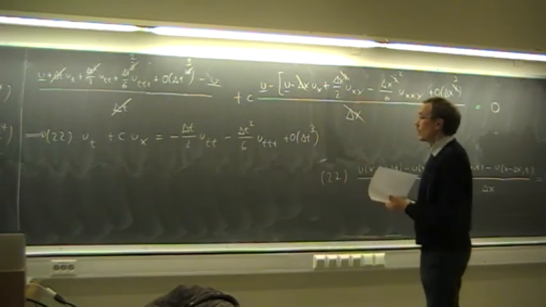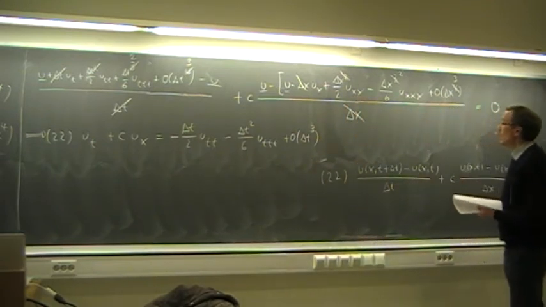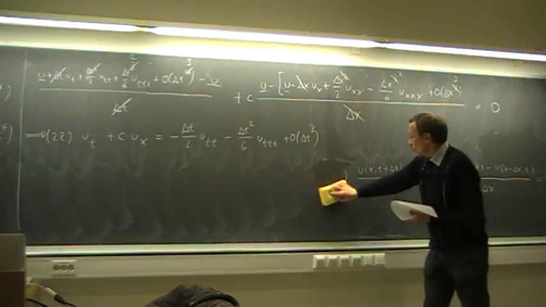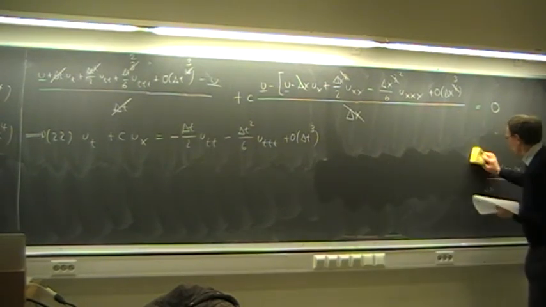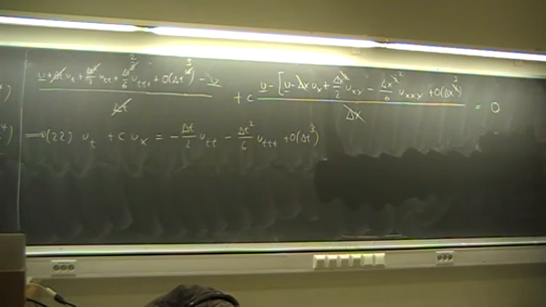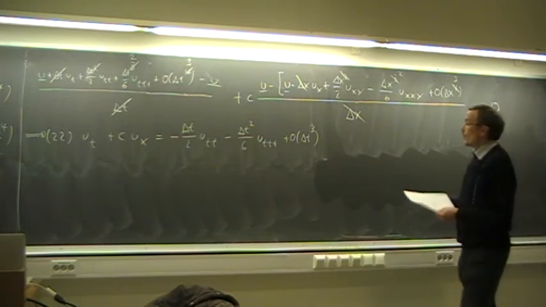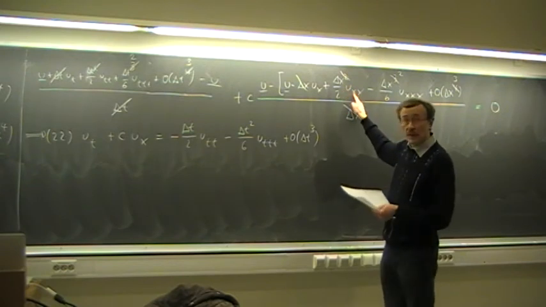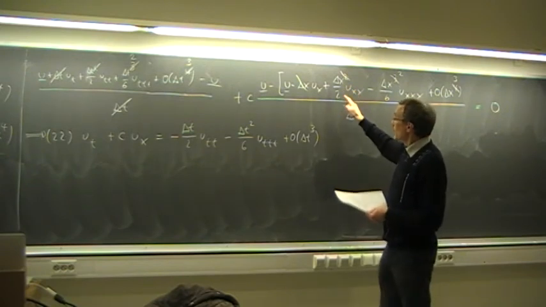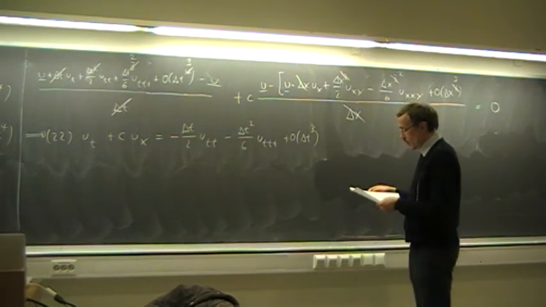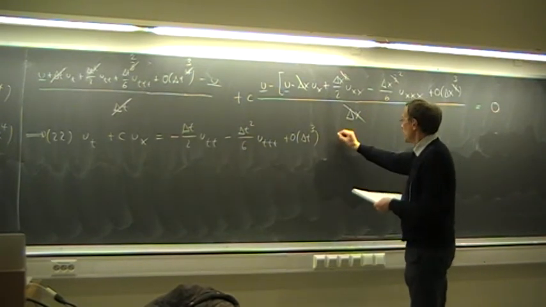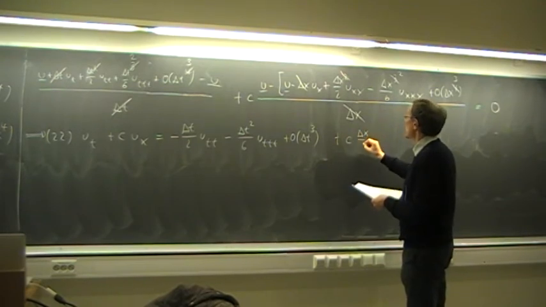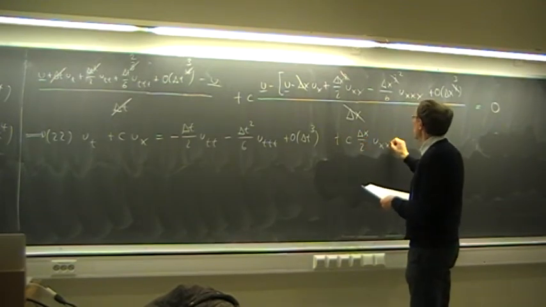So that is coming from the time derivative. Now from the space derivative, we get here delta x half u_xx. And that is here with a minus sign, so it gets a plus sign on the right hand side. It has c in front. C delta x half u_xx.